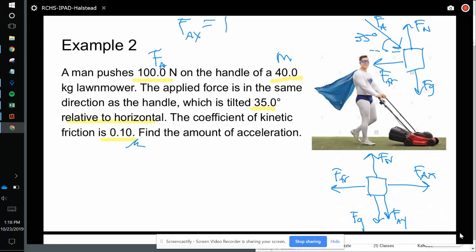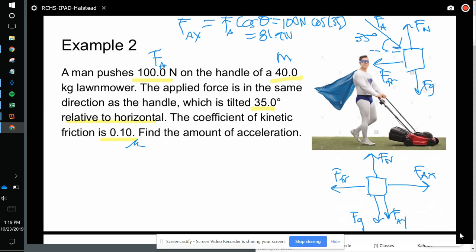So I get its force applied times the cosine of the angle, which is 100 newtons times the cosine of 35. All right, so if I do that on my calculator, I get 100 times the cosine of 35, which is 81.9. So force applied X is 81.9 newtons.